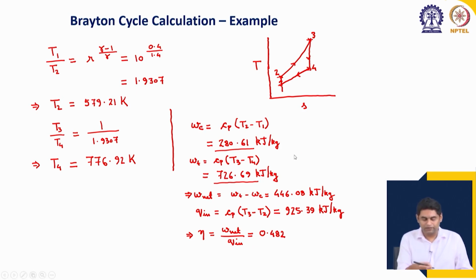I am revising this so that it gets reinforced in our memory, so that later we can compare directly with the regenerative and reheat cases. We had a net work output of 446 kilojoule per kg and the efficiency was 48.2%. Keep these values in mind, or you can come back to this point of the video and check the values again.